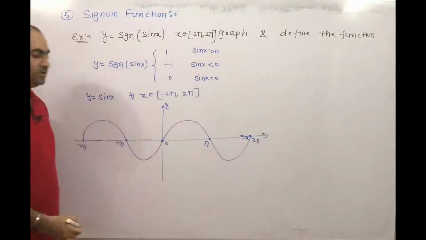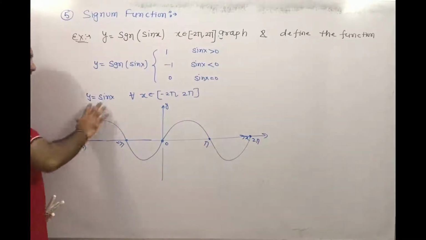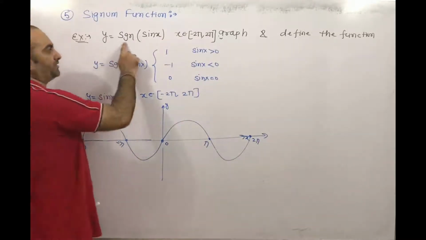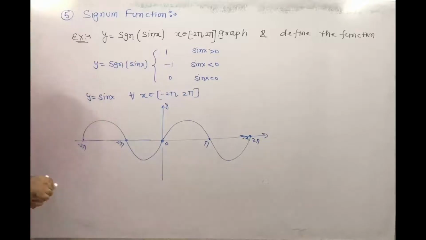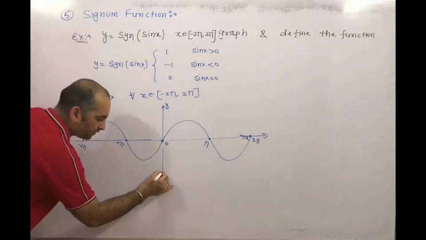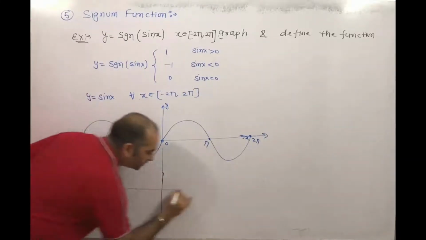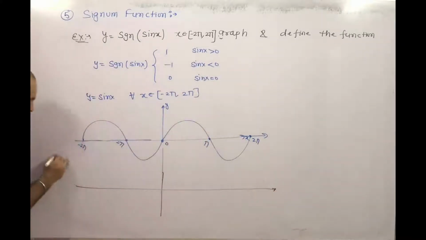This one is the y equal to sin x graph. We want the y equal to signum of sin x graph. So below this one we are drawing the y equal to signum of sin x graph. How to draw this one? The corresponding points we will find out first.